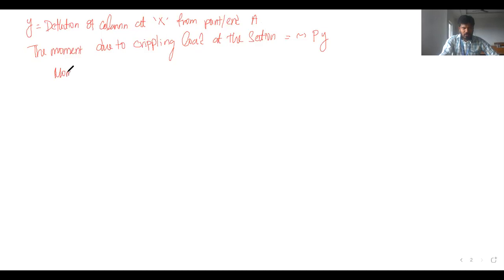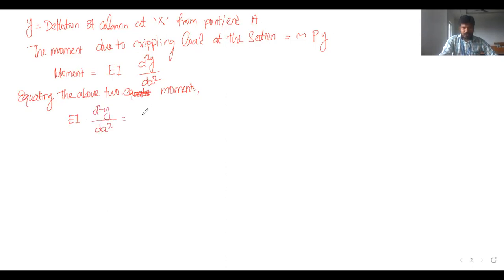We all know that moment is equal to EI into d squared y by dx squared. So we are going to equate these two moments. EI d squared y by dx squared is equal to minus P into y.